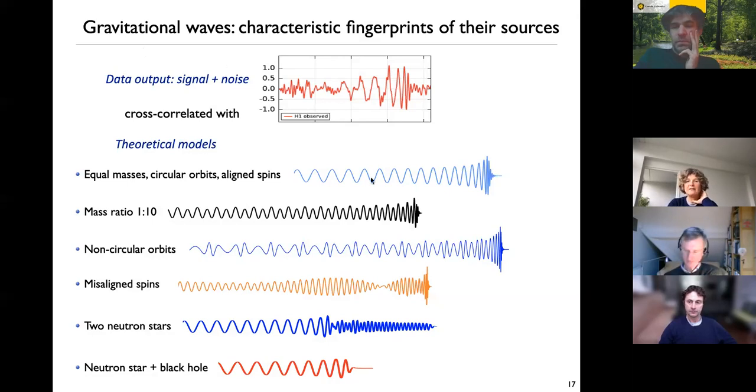When one looks at the waveforms, they look exceedingly simple, but to really map them to the source properties requires an extremely complicated mapping, going through the highly nonlinear Einstein field equations and solving them for the really dynamical space-time of the binary system. So it is in some sense deceptive, especially these circular orbit waveforms. They look really simple, but to get from them to the black hole system is quite a complicated mapping.